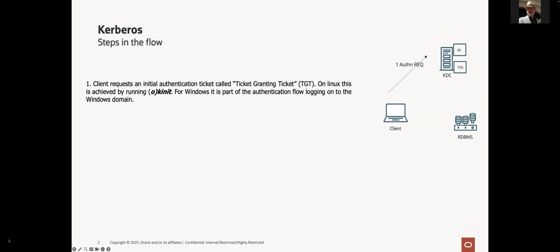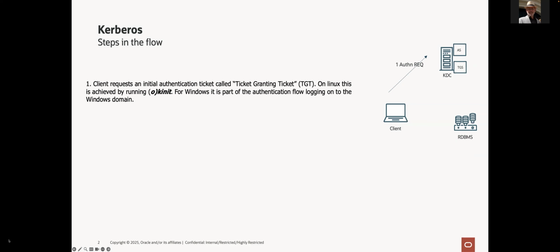The initial request will be sent to the authentication service. The authentication service is included in the Windows authentication flow already. There we are authenticating with the KDC of Windows.